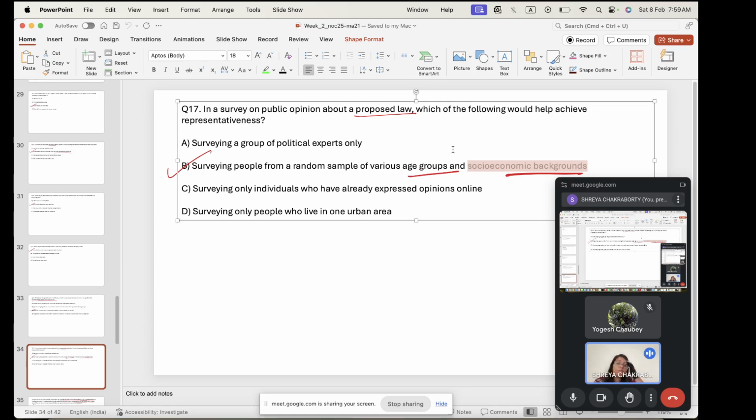It's not going to affect only political experts or people who have expressed their views online or somebody living in a certain area. So that is why surveying people from various age groups and socioeconomic backgrounds would be more appropriate.